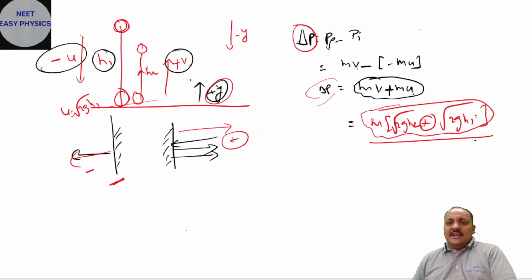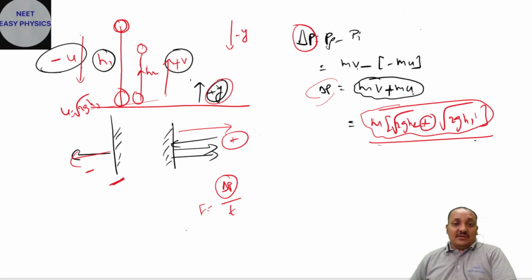If they give time, they will ask for force, so I will calculate by dividing by time. So blindly remember: change in momentum gives impulse, and change in momentum by time gives force. If you remember like this, definitely you can solve problems very easily.